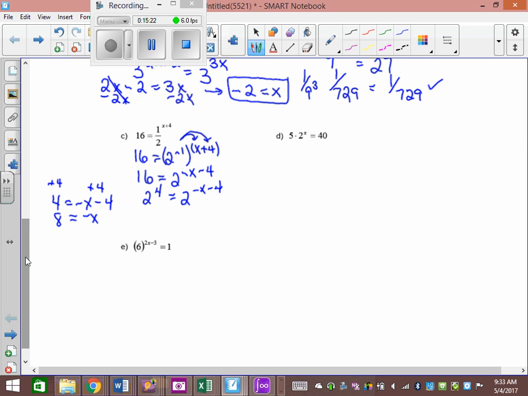Negative x equals 8. X equals negative 8. And then I can check it. 16 equals 1/2 to the negative 8 plus 4. 16 equals 1/2 to the negative 4, which makes sense because I could bring that up, make it positive. So it'd be 16 equals 2 to the 4, which is 16 equals 16.